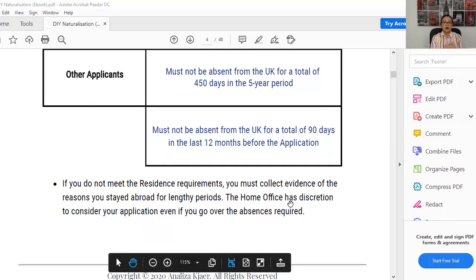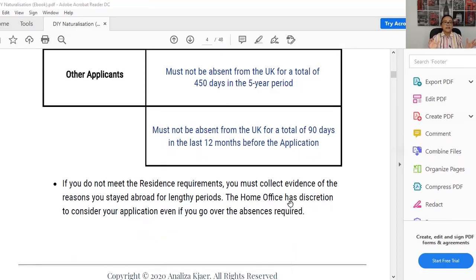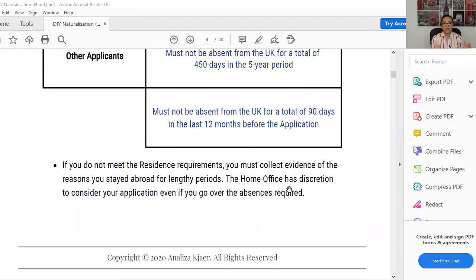Don't expect the Home Office to just pick it up and then grant you the naturalization. You have to include a covering letter and evidence as well, explaining why you do not meet the residency requirements. This is the reason why you need a cover letter.